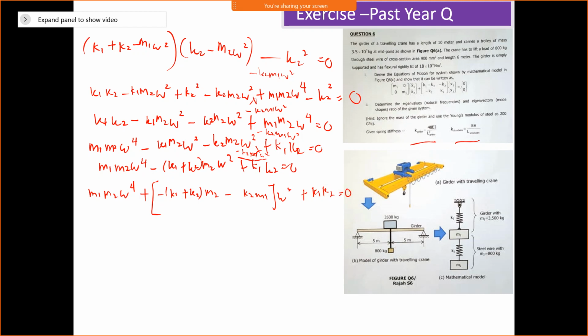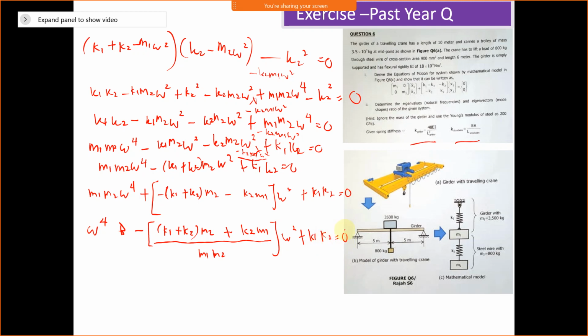Harap betul lah. So dia akan jadi omega to the power 4, plus yang ni tak boleh nak sekalikan, ataupun kita buat negatif lah kat sini, tolak K1 plus K2 M2 plus K2 M1 over M1 M2 omega square plus K1 K2 equals to 0.